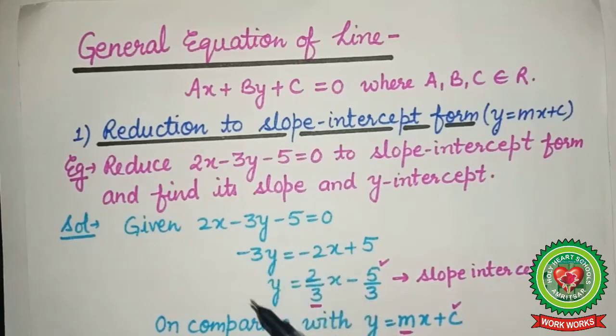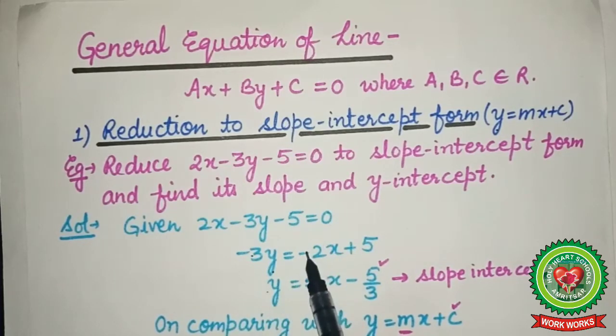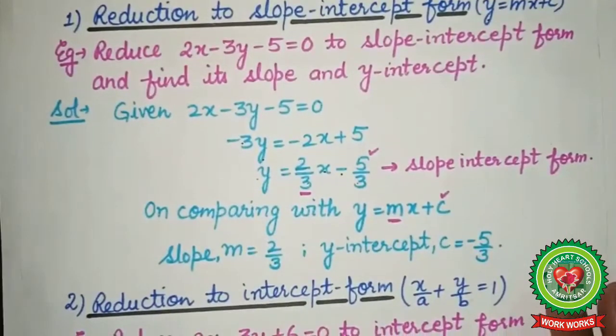Now here for finding the value of y, we have to shift this minus 3 also. So divide both sides by minus 3. Here we will get y is equal to, minus cancels with minus, so 2 by 3 x and minus 5 upon 3. This is the required slope intercept form.